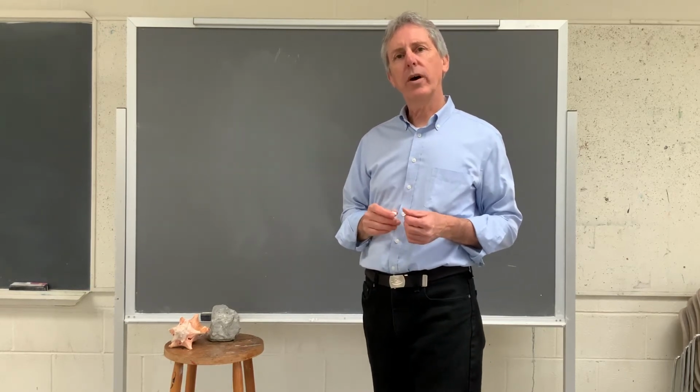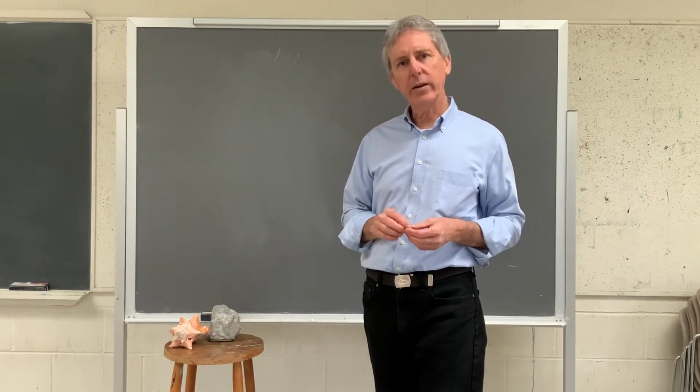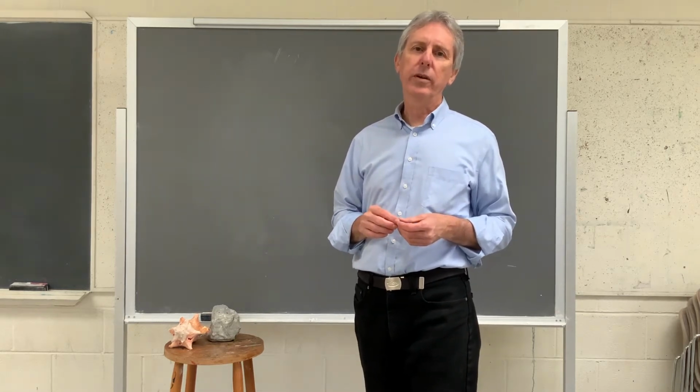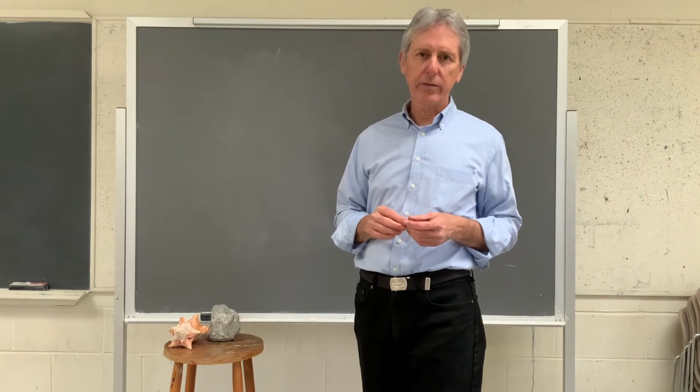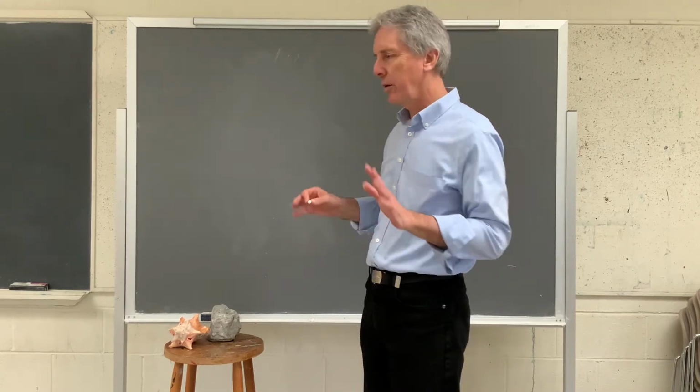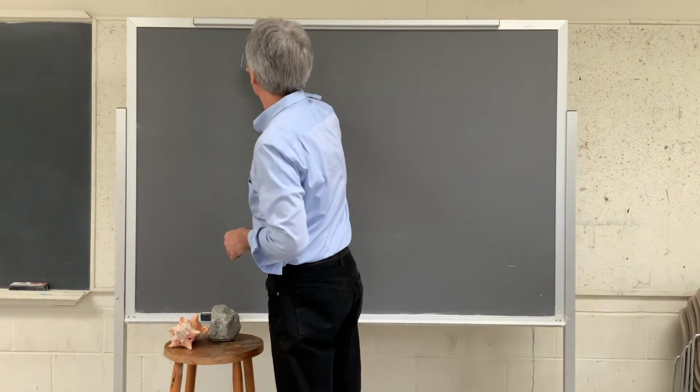I wanted to talk to you about the difference between organic and inorganic objects, and also mention the matter of curvilinear bias. And so let's start with the organic versus inorganic. And I'm just going to make a list up here.